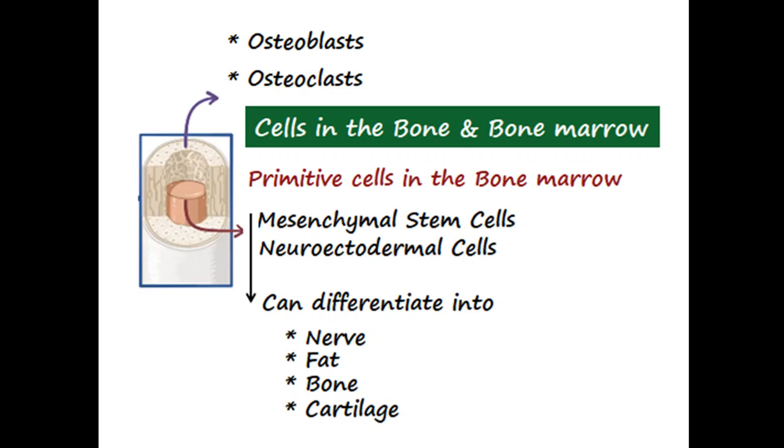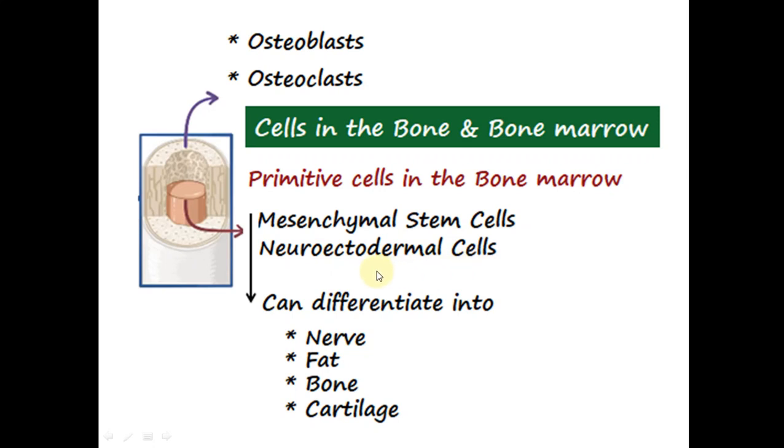Now, coming to the Ewing sarcoma, we know that the Ewing sarcoma doesn't arise from the osteoclast, but it arises from some primitive stem cells located in the bone marrow. And these stem cells are the mesenchymal stem cells and neuroectodermal cells.